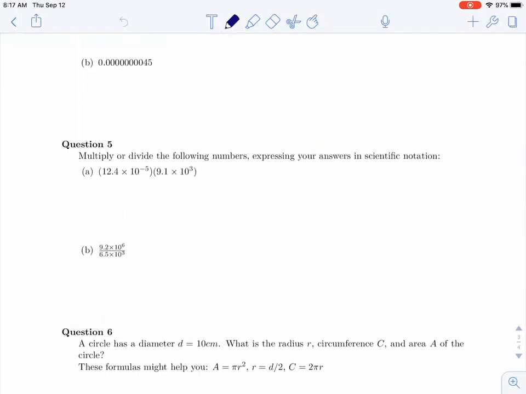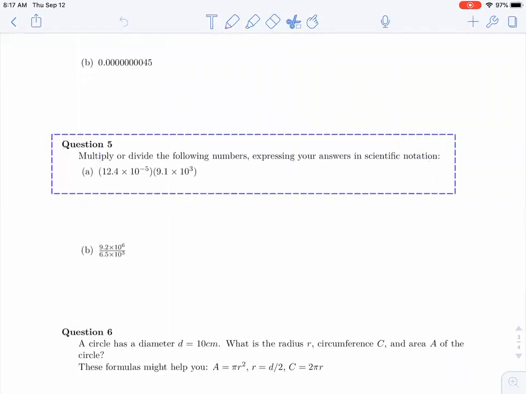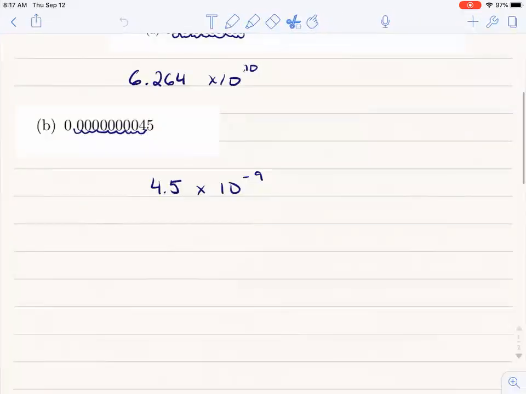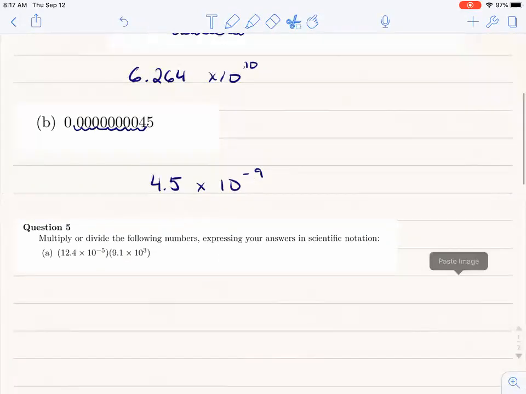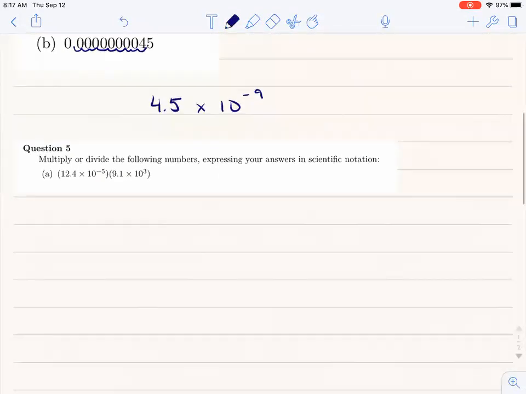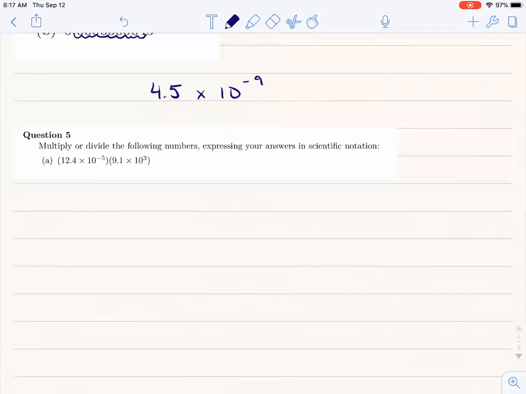Question 5 is where we kind of kick it up a notch, where we're multiplying and dividing with scientific notation. Notice though that we're just multiplying, right? 12.4 times this times 9.1 times 10 to the power of 3.